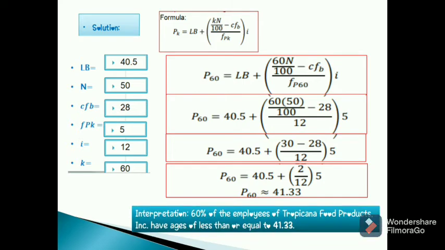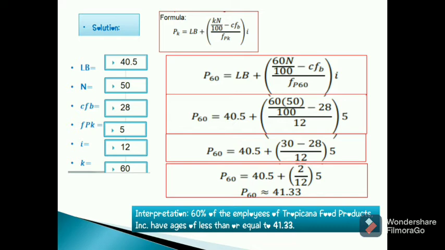And now to interpret. Therefore, 60% of employees of Tropicana Food Products Incorporated have ages of less than or equal to 41.33. So that is a simple interpretation for our problem. We did not include the long paragraph in our interpretation; we are just focused on the most important detail.